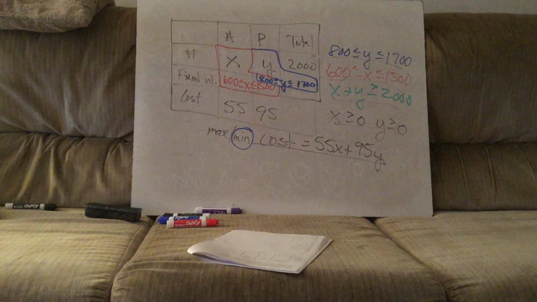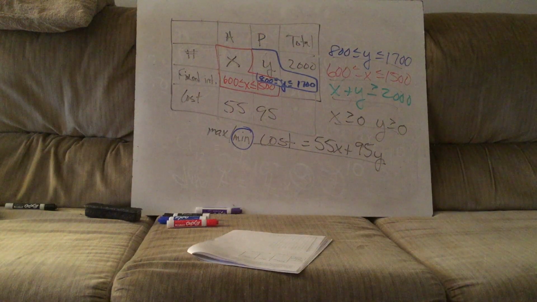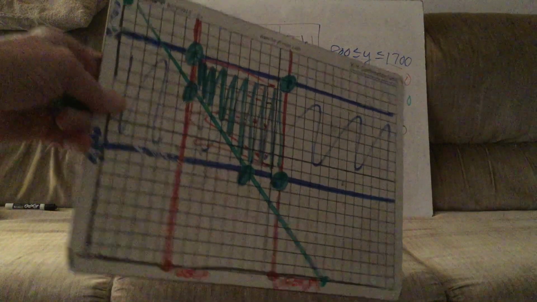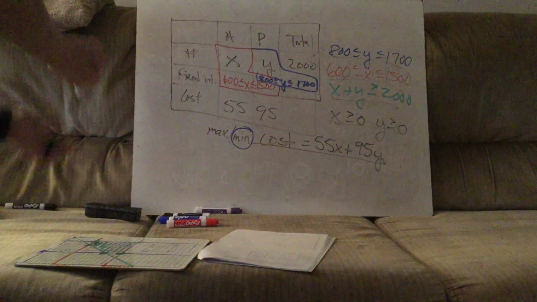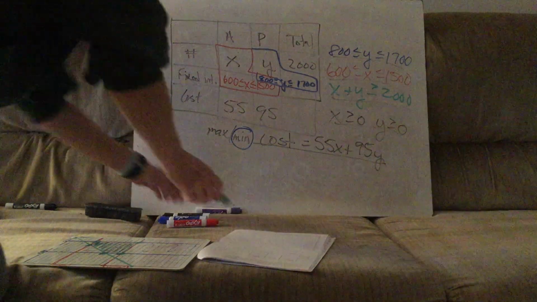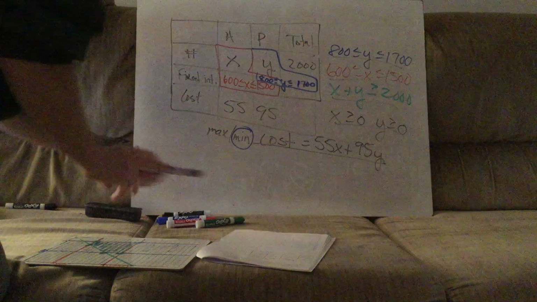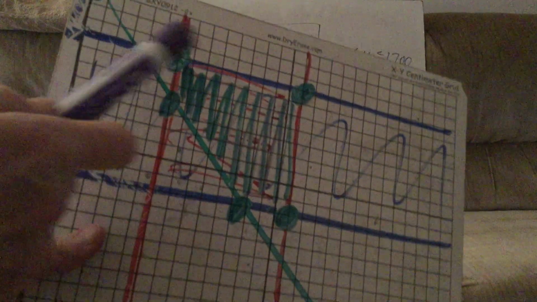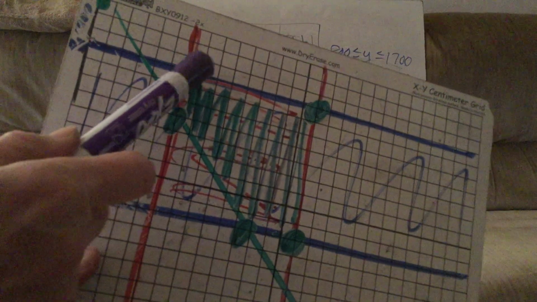Notice that I have 5 vertices. I have 5 corner points. Now we have talked about this many times, that some of those corner points are always, always, always easy to locate. For example, look at this one right here.